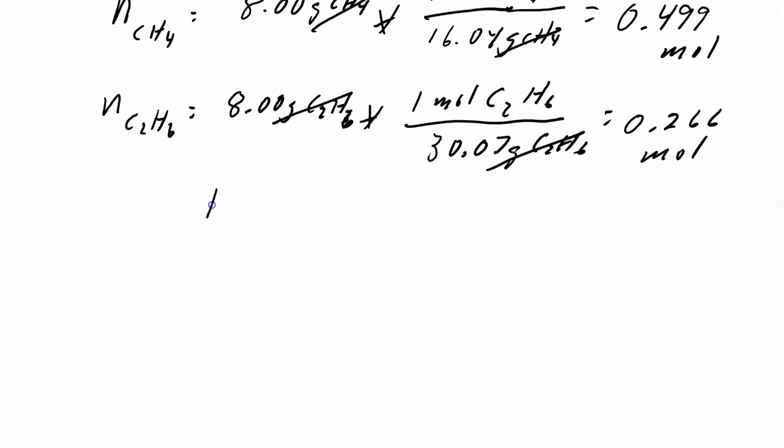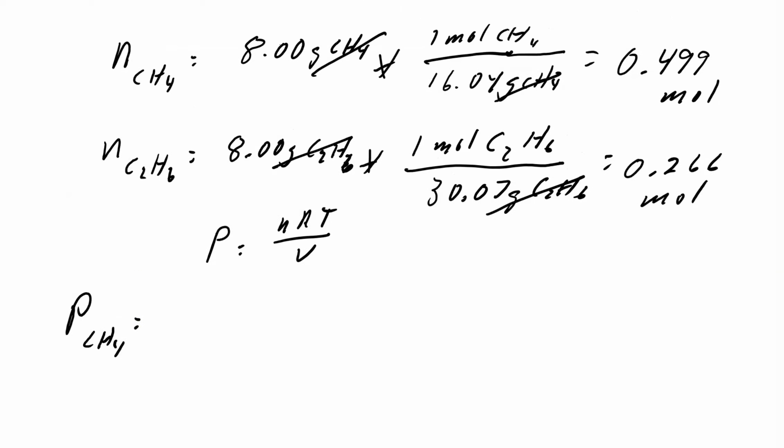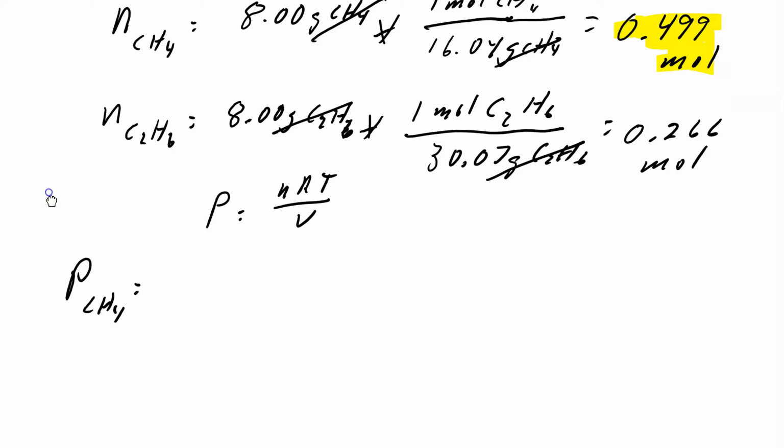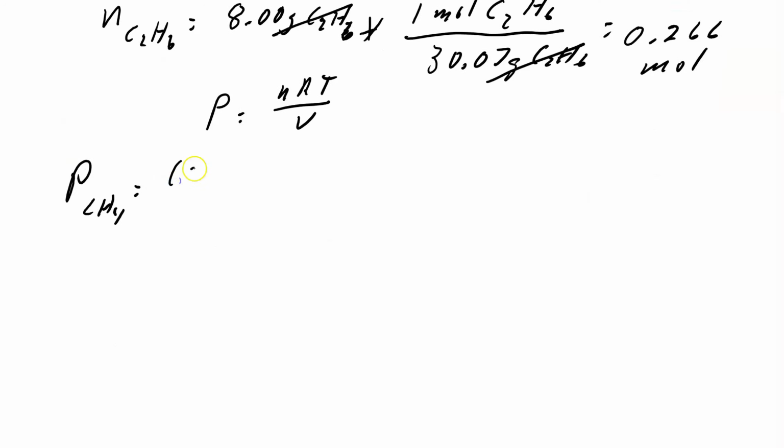Okay, so now we can calculate the pressure of each of these two gases. Let me just rewrite the equation. Our pressure is going to be equal to nRT over V. So our pressure for methane, CH4, is going to be equal to the number of moles of methane. Number of moles of methane is 0.499, so that's going to be in the numerator. 0.499 moles.